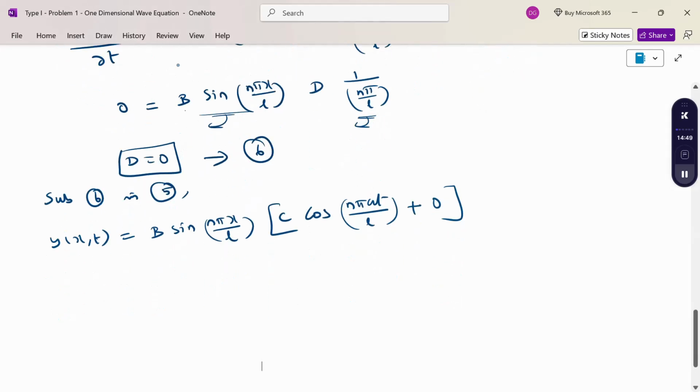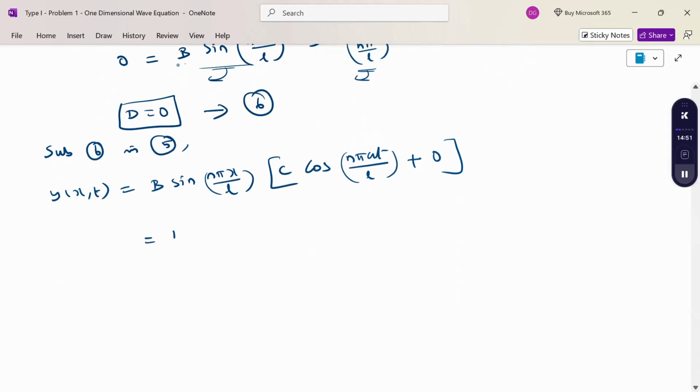Therefore, in this condition, b and c sin(n pi x by L) cos(n pi at by L). Now this is equation number 7. Here n is 1 up to infinity.